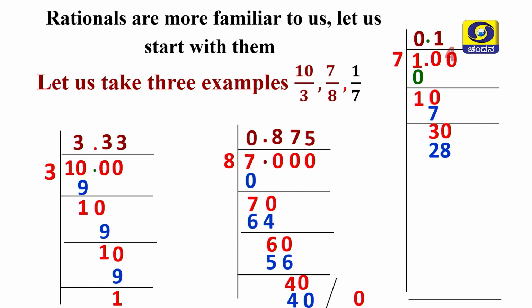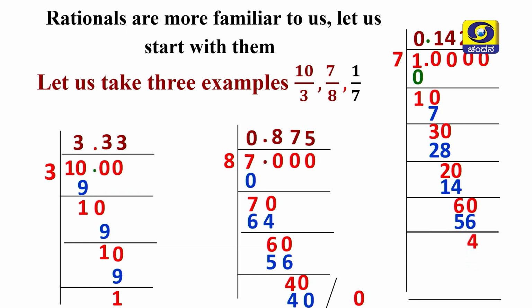See, 7 4s are 28. The remainder is now 2. Take another 0. 7 2s are 14. The remainder is 6. Now, take another 0, that is 60. 7 8s are 56. The remainder is 4. Again take 0. 7 5s are 35. The remainder is 5.